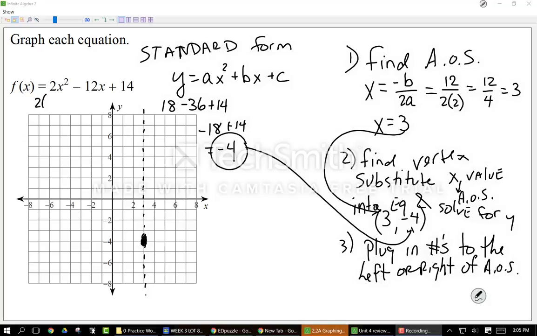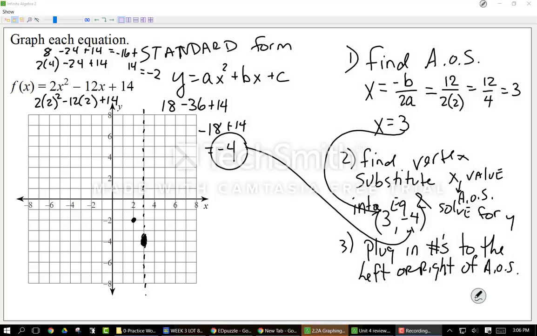So 2 times 2 squared minus 12 times 2 plus 14. That gives me 2 times 4 minus 24 plus 14. So that's 8 minus 24 plus 14, which is negative 16 plus 14, which is negative 2. So I plugged in 2 and I got negative 2.